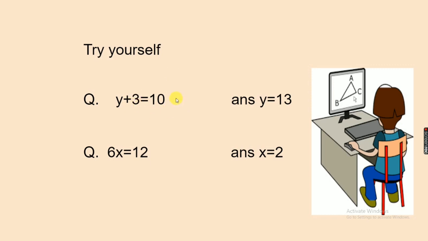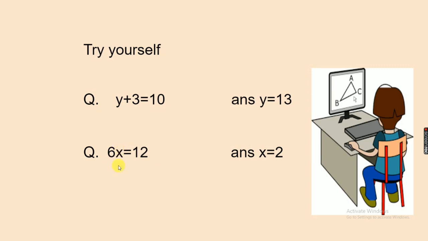If it is in positive sign, it would be changed to the negative if we shift it to the other side. If it is in negative sign, then it would be changed into the positive sign if we shift it to the other side. Here 6 is multiplied with x. When we transpose it to the other side, it would go in the division.